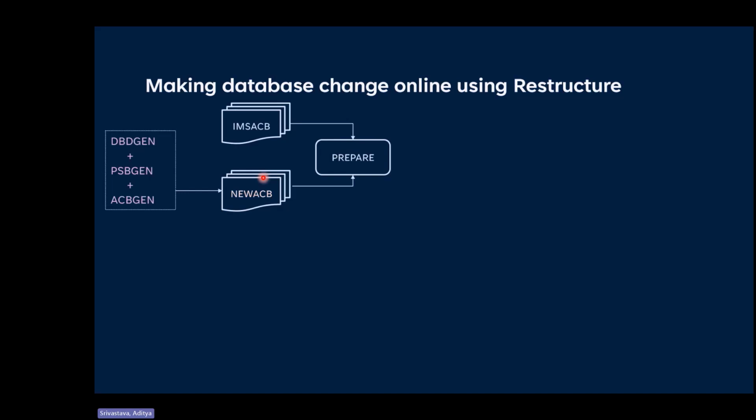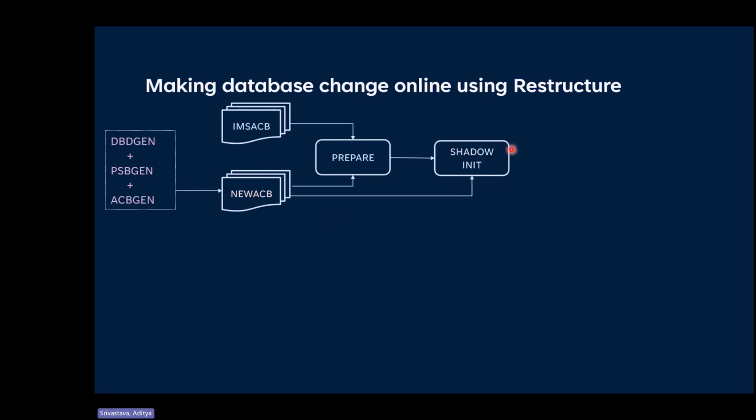Okay. Then after prepare, you run the shadow init step. Because the way restructure works is basically it uses a concept called shadow data sets, which are area data sets created using new definitions. So basically, shadow init will use the new ACB. It is kind of similar to how initialize runs, okay?